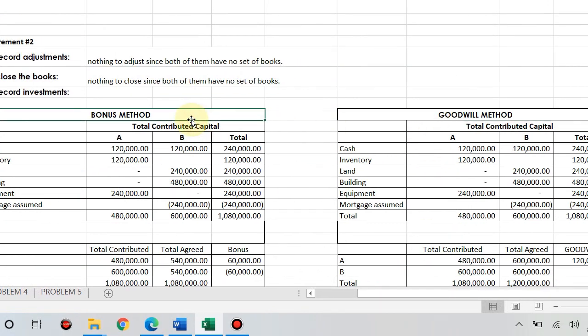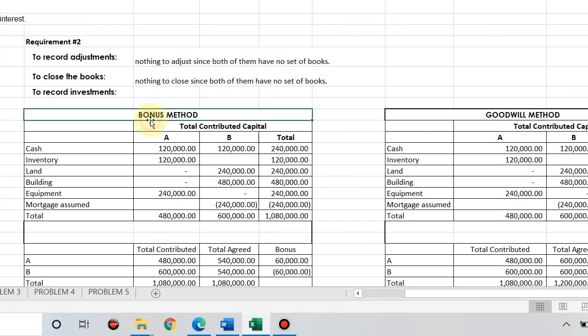In the bonus method, the partners do not recognize that there is an intangible asset, or industry, contributed by one of the partners. So no asset is recognized. In the goodwill method, they agree that they will recognize an unidentifiable asset to a specific partner because he or she has contributed industry or expertise, so they put a value on it. That's the goodwill method.